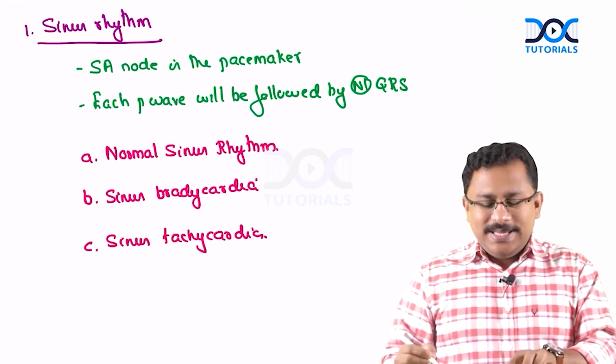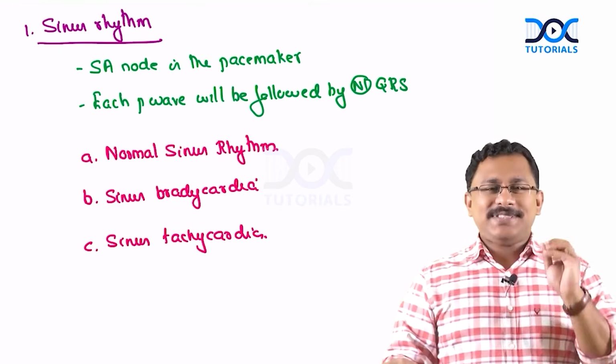So these are the 3 subtypes of sinus rhythm.